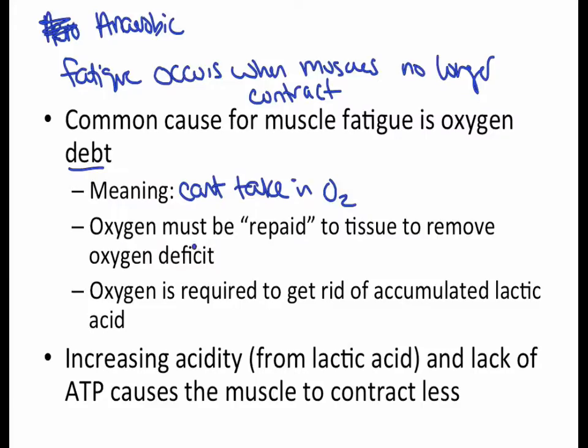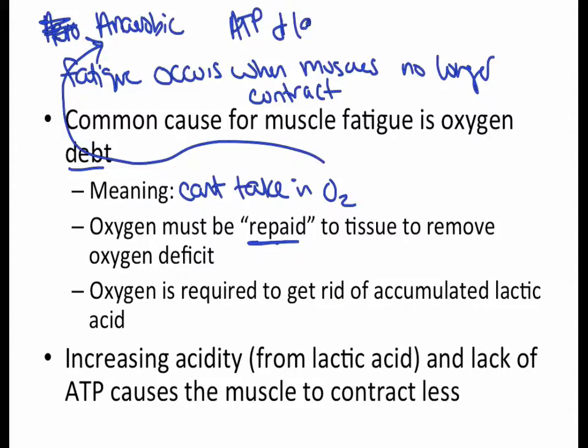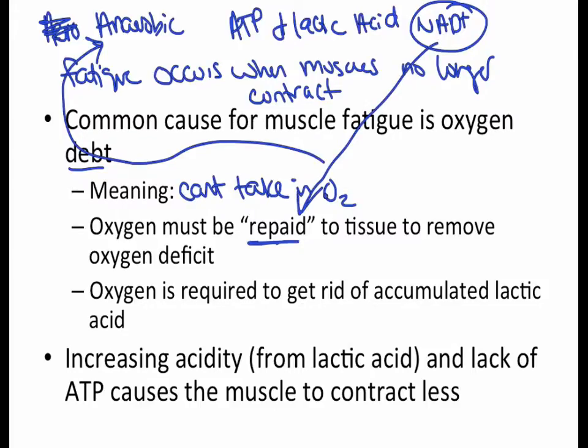So, what happens is that oxygen must be repaid. When you don't take in oxygen, you go into anaerobic respiration. So, you make ATP and lactic acid. You also make some things called NAD plus, and eventually you're going to have to use that to help repay your oxygen debt.